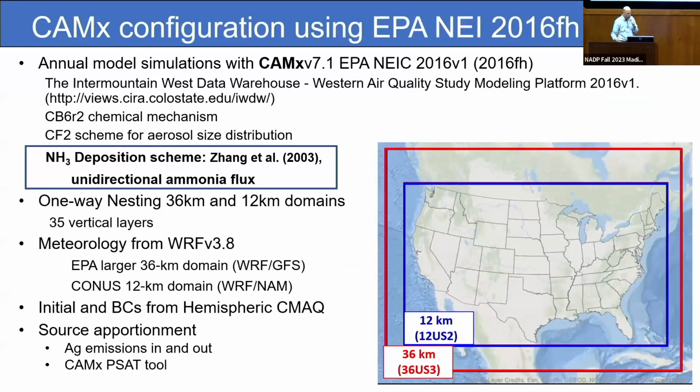Okay, so we're modeling. None of this matters except that in CAMx, oh yeah, we're looking at 2016. That wasn't as old when we started. The deposition scheme is Zhang, and we're using unidirectional. However, we do have direct fertilizer emissions in this.